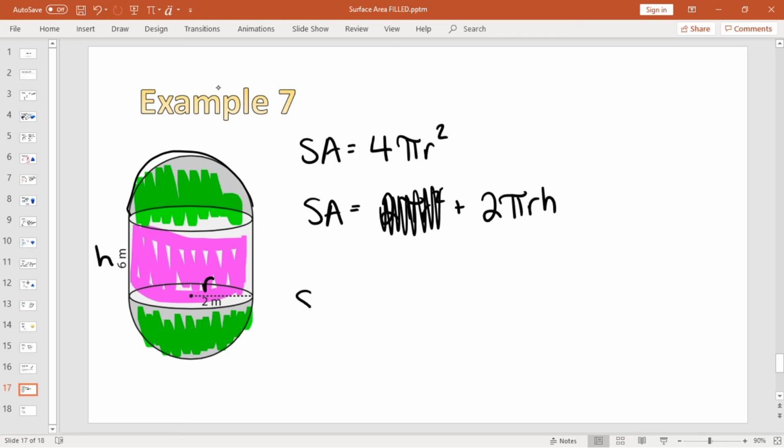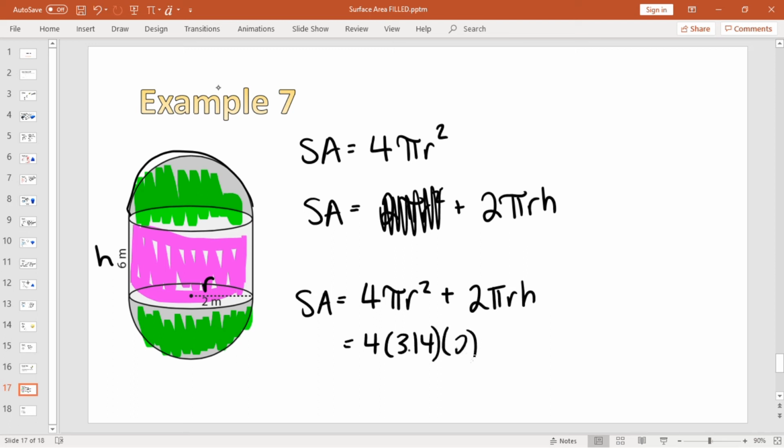So our total surface area, in this case, we can just kind of smash it together in a single formula. And then we can sub in our values. Radius for both things is 2 meters, so it goes into this formula for the radius as well, and then we have that height of the cylinder being 6 meters.